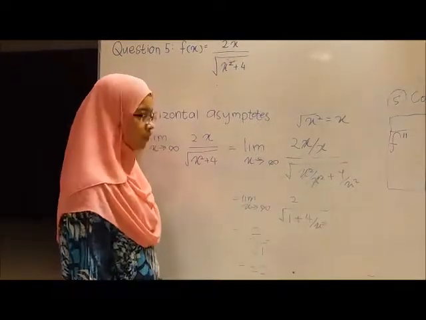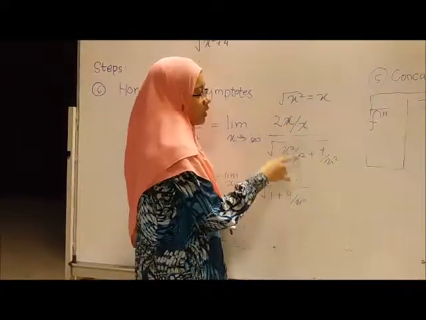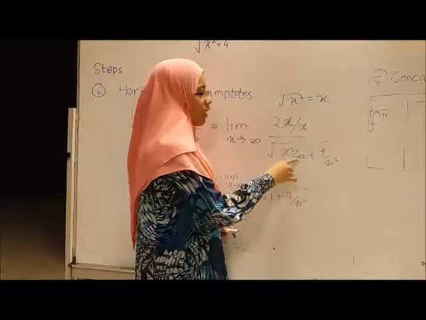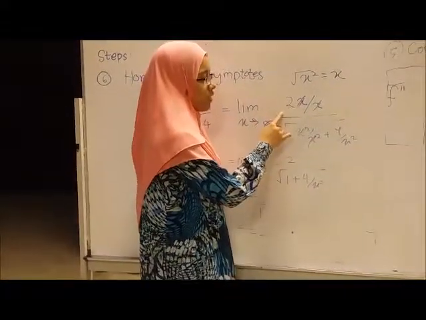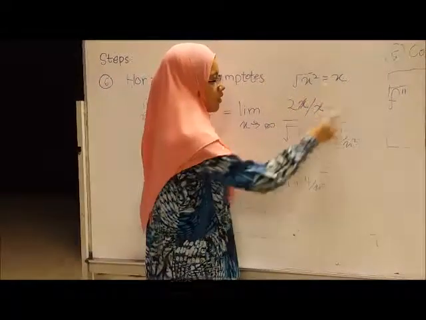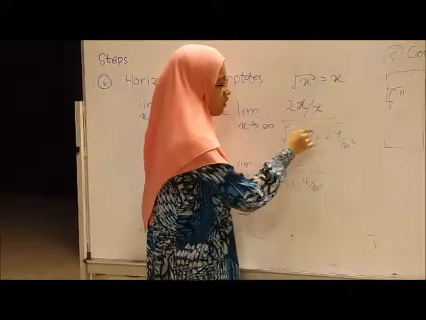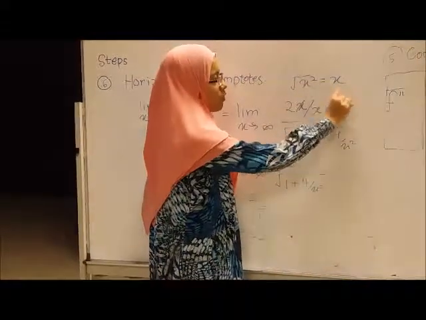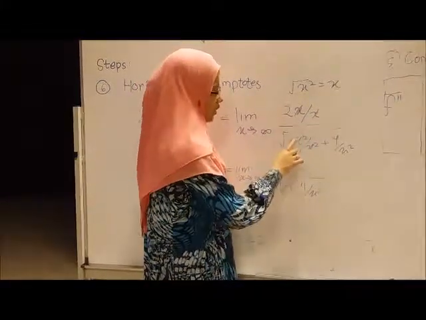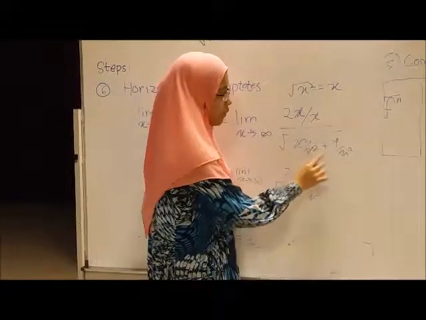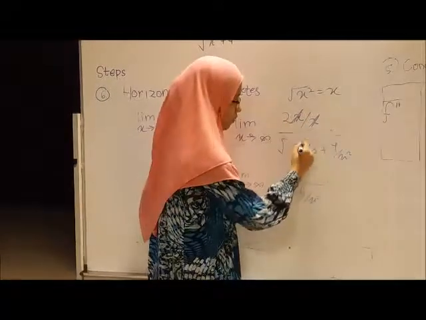To find the horizontal asymptote, the expression must be divided by the highest power of x. For the numerator we divide by x, and for the denominator, the square root of x squared equals x. So 2x over x, and the denominator becomes x squared over x squared plus 4 over x squared, so we just cancel it off.